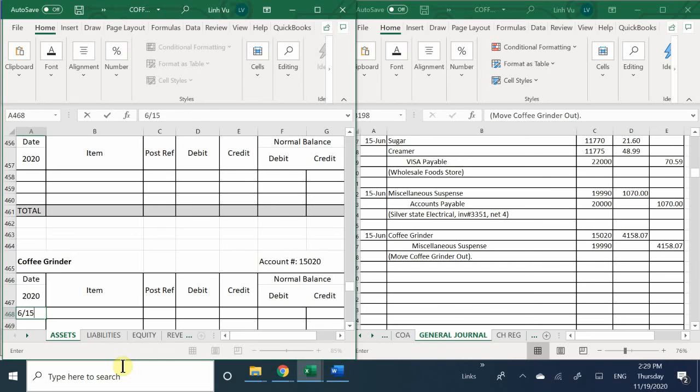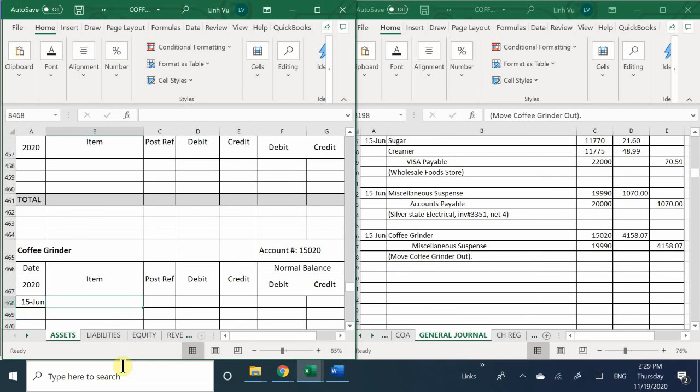We know it's the grinder, so we don't really have to put anything there other than maybe moved from miscellaneous suspense, but that's not necessary.